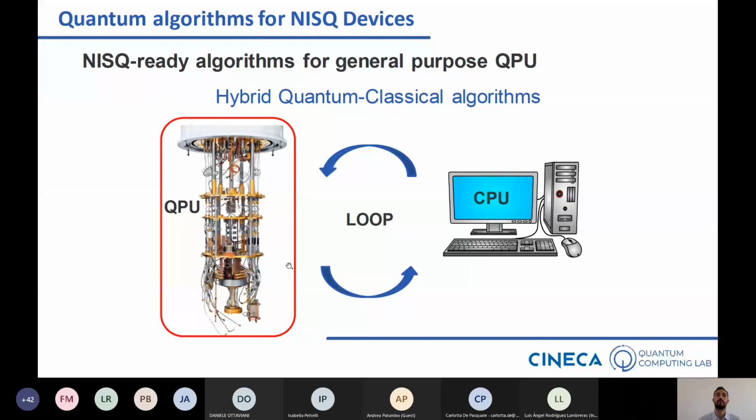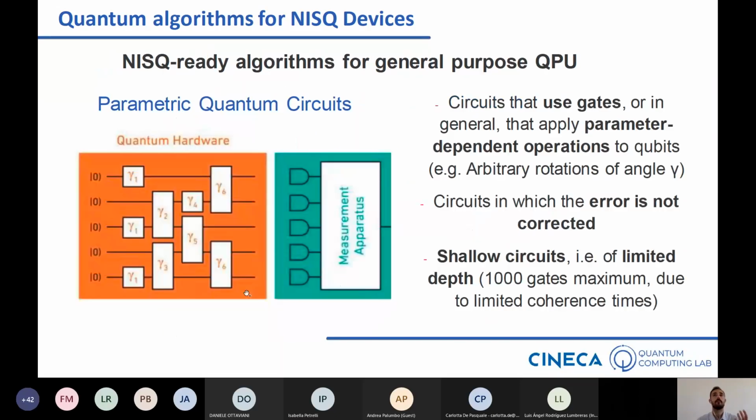Let's see now. Probably it was a question that was asked before. What are these kind of algorithms? How do they look like? The quantum part of the algorithm employs circuits that are called parametric quantum circuits.